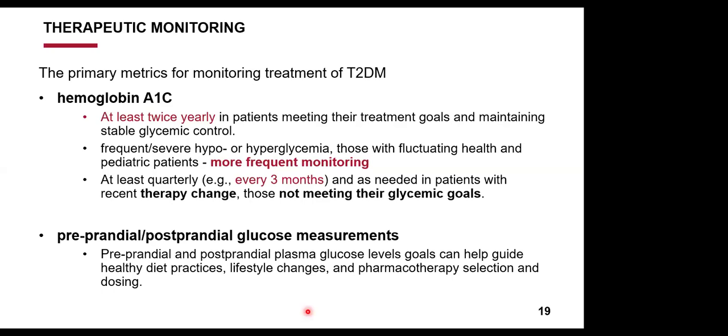And then we also do preprandial and postprandial glucose measurements, especially if they are done by the patient at home, it would even be better than having the patients coming to the clinics.